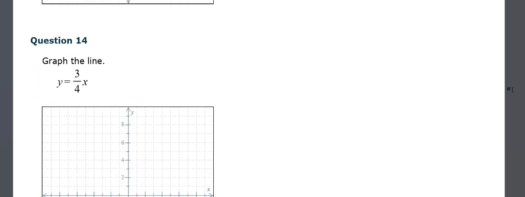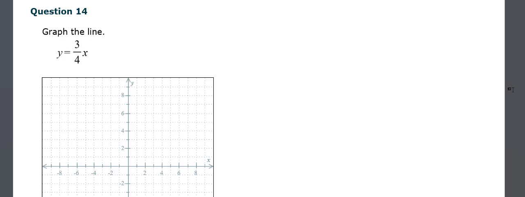So the next method is something called slope-intercept form. So slope-intercept form is in the form of y, so we're solving for y, equals mx plus b. So the m is the coefficient of x, or the value in front of x, and that is our slope.